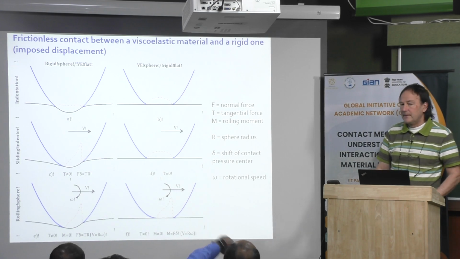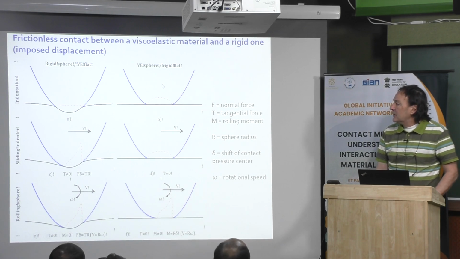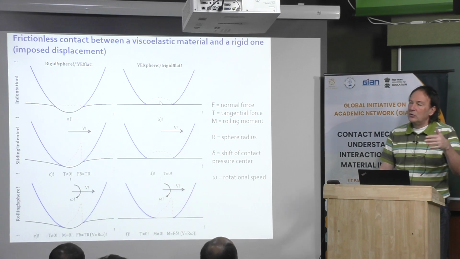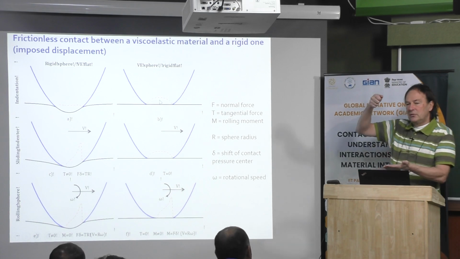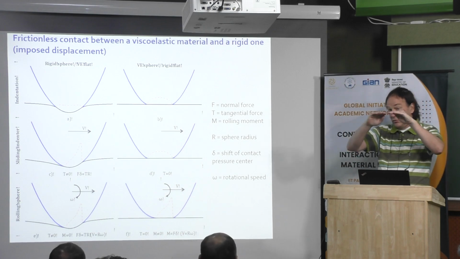Then why is this pressure distribution the same for B and D? B is this one, yes. B and D. Why is it the same? In fact, this is after, let's say, a long time, because when you indent, the pressure will be very high first, and it will drop until a final value.